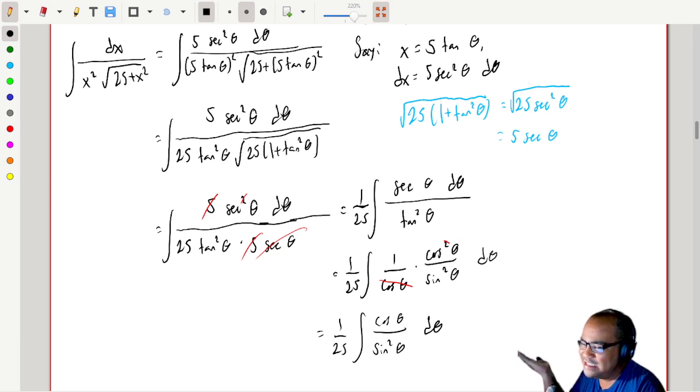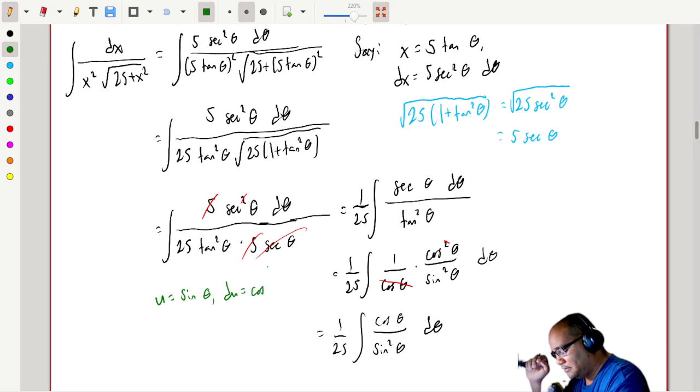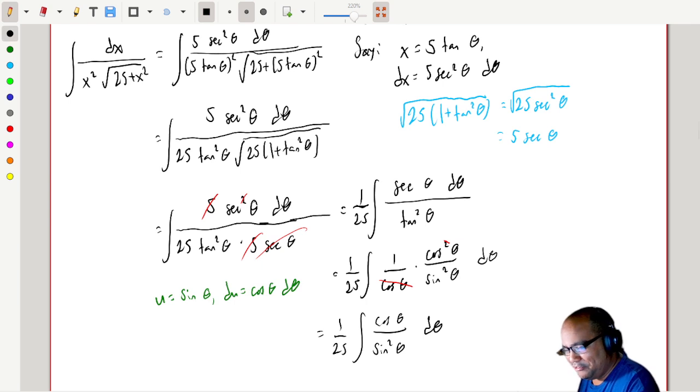If it's in a fraction, take the denominator to be your u. But in this case, you just want your u here. u equals sine of theta. du is equal to cosine theta d theta. Isn't that clever here?